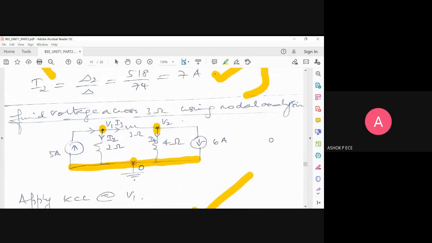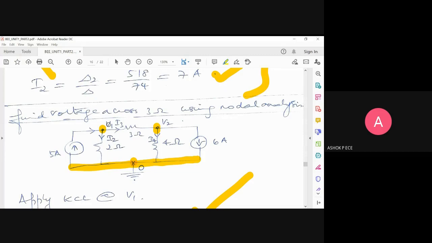What is I2? I2 is flowing from where to where? It is starting from V1 and ending at ground, correct? Yes, sir. So what is the current I2 equal to?